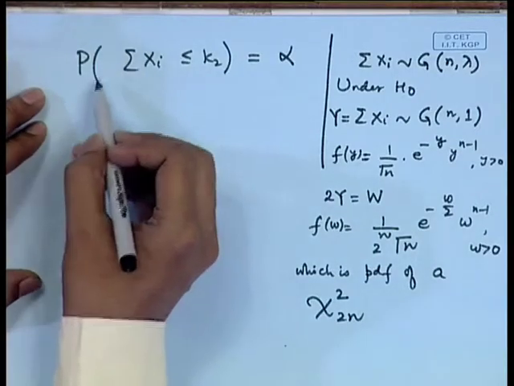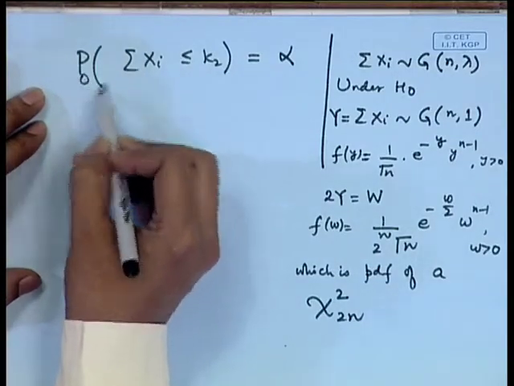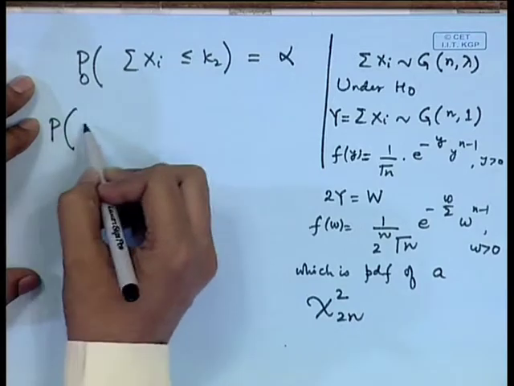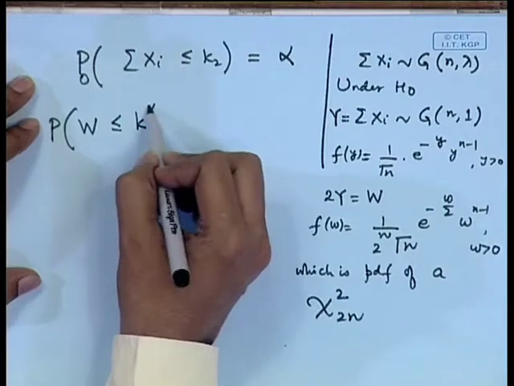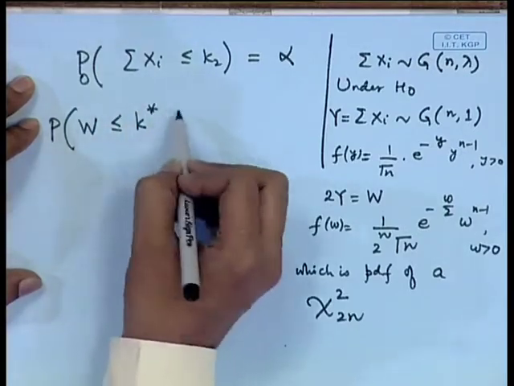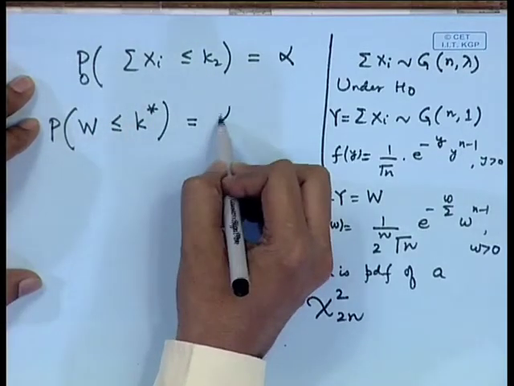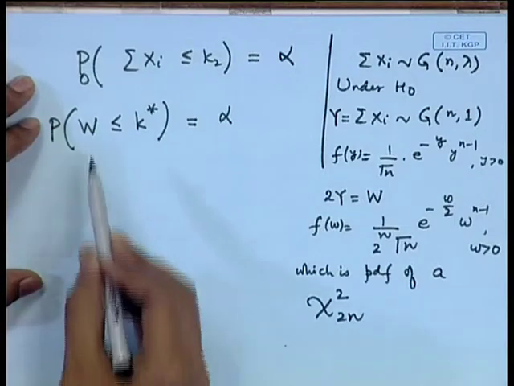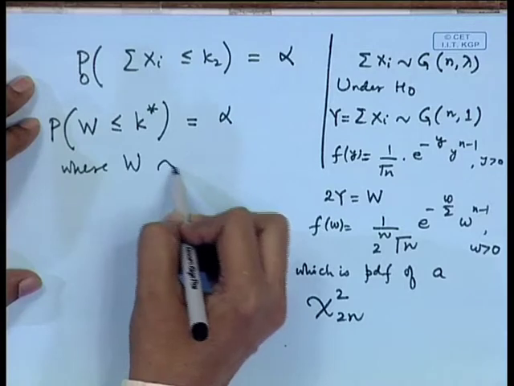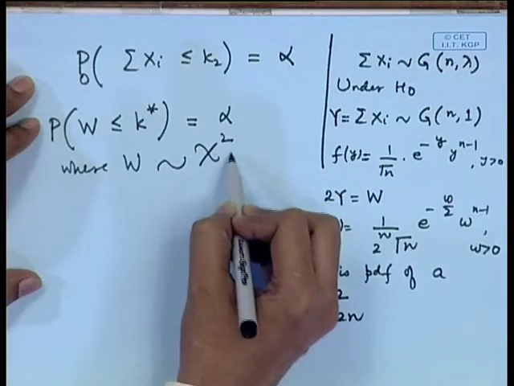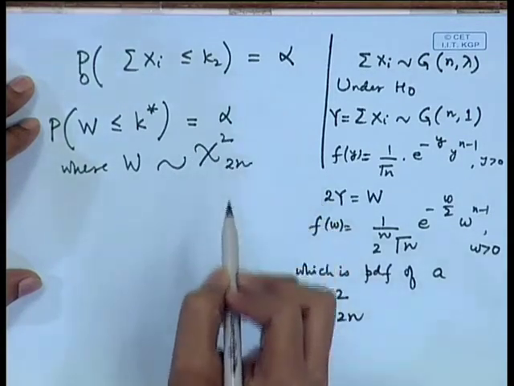So, now under H naught, we can write this as probability of w less than or equal to some k star, that is equal to alpha. So, this w is having a chi square distribution on 2n degrees of freedom.